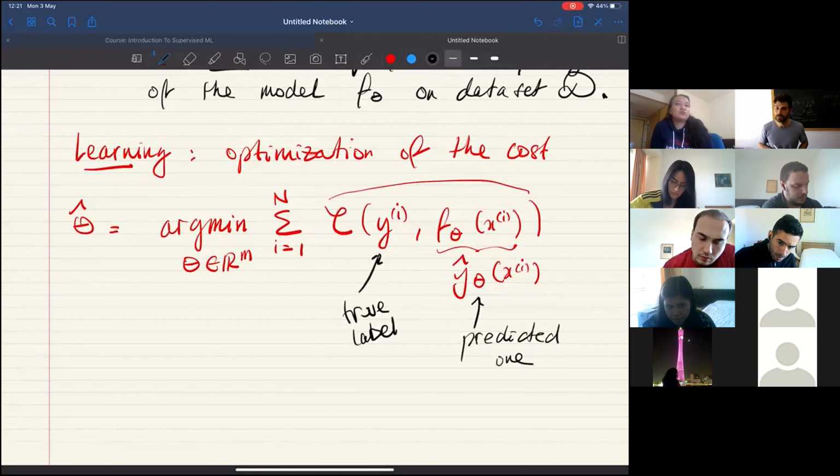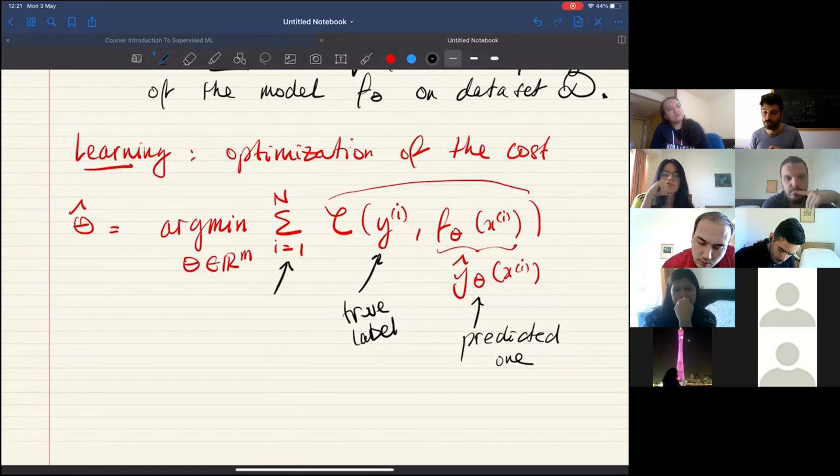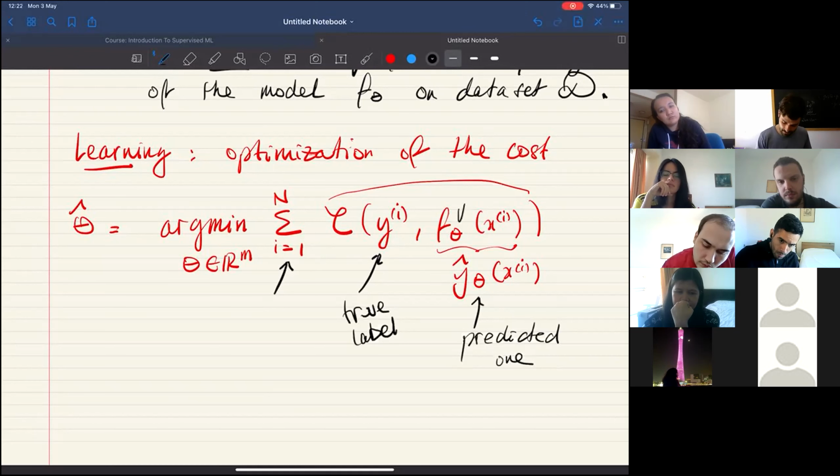Okay. So for each pair in my data set of input and output, I'm computing the deviation, the cost between the true label and the one that my model predicts. I sum all these costs over all my data. Okay, this gives me a number. This number depends on theta, which means on the parameters of my model.